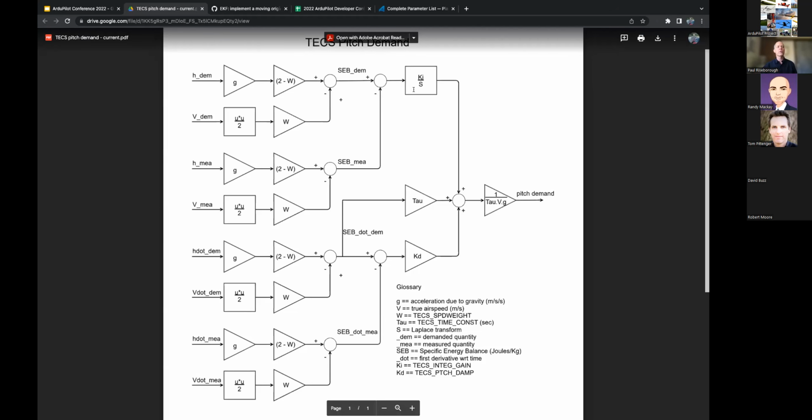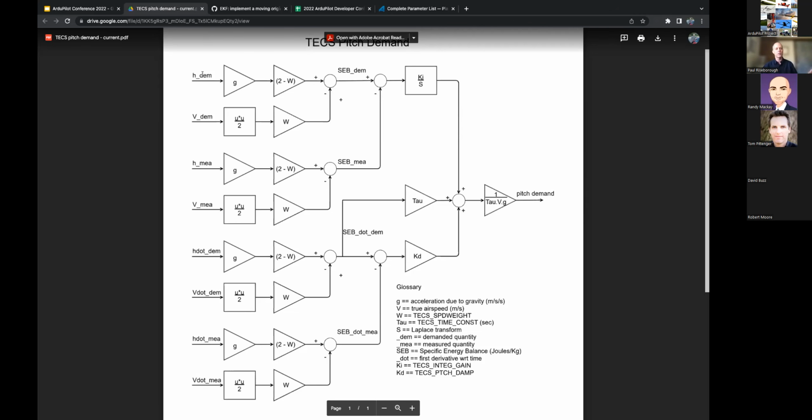Now, one of the problems we've got here is that an integrator appears on the path for the energy balance. If I'm demanding a height that's well above the height that I'm actually at, let's assume you just put a step height input into TECS, and we try to avoid doing that.